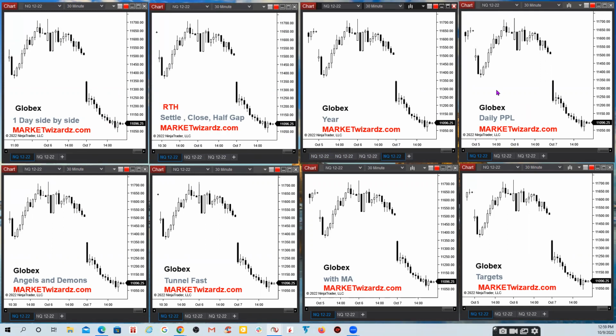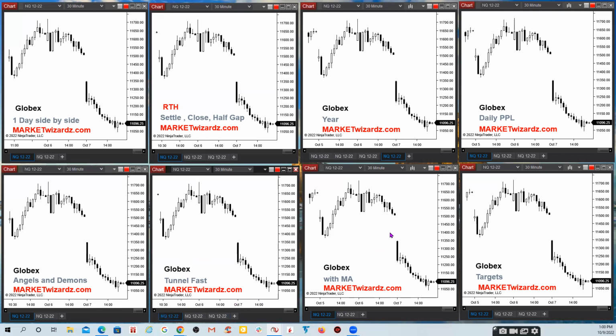So while some traders prefer to have 25 different products on their windows, I prefer to take different views. And one of the keys of our system is to know where these predictive price levels are. And I want to know that on different time frames as well. And of course, the angels and demons, both for RTH and Globex, and my tunnel system that I use in different speeds, and one with MAs on it.